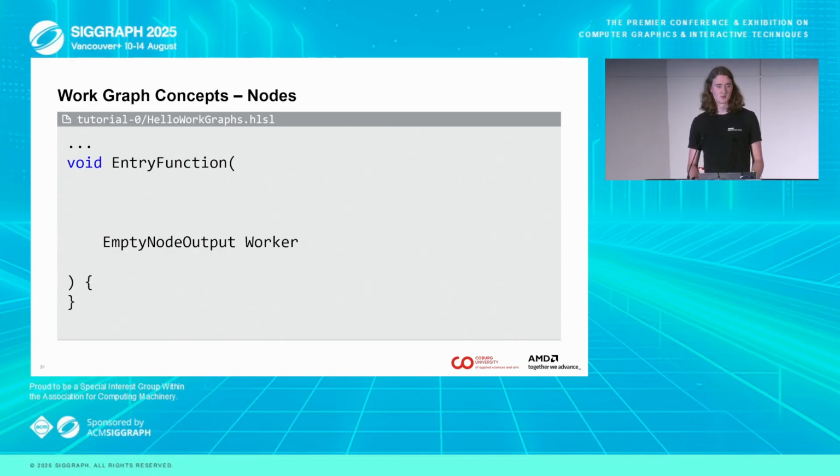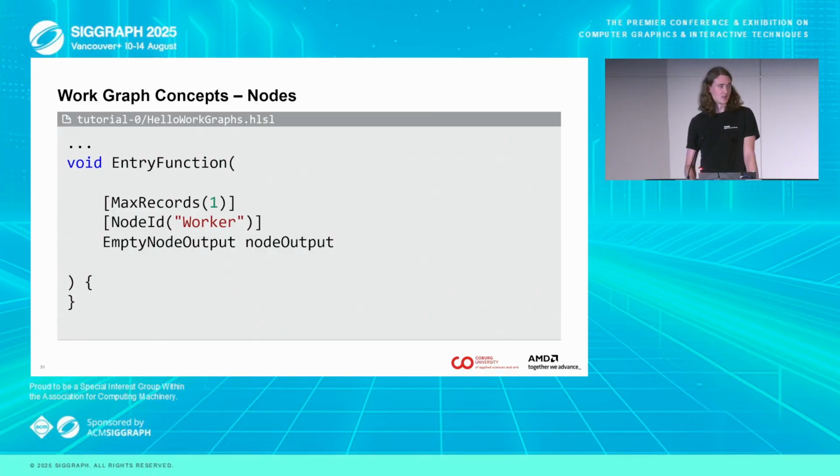This works similar to the node ID for the function attribute that we saw before. So by default, we just name this variable or this input parameter to our entry node function, in this case worker, that will target the worker node. But again, we can add the node ID attribute and then name it whatever. In this case, we name it node output. Lastly, we need to tell the work graph runtime, which will try to run all of this, some more information. In particular, we need to tell it how many records we intend to send.